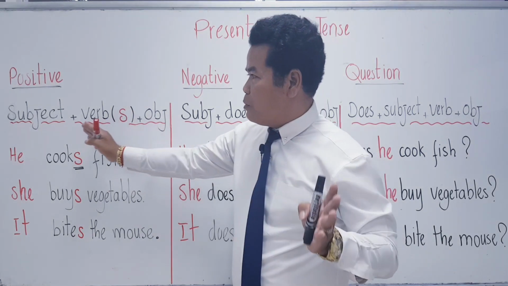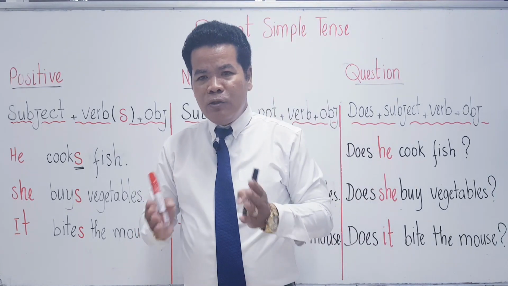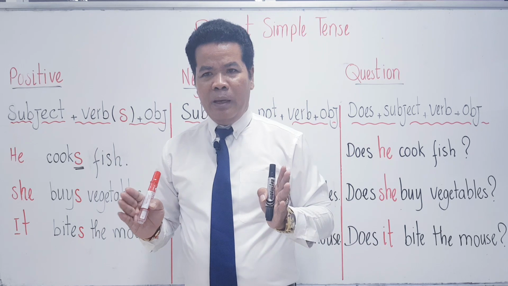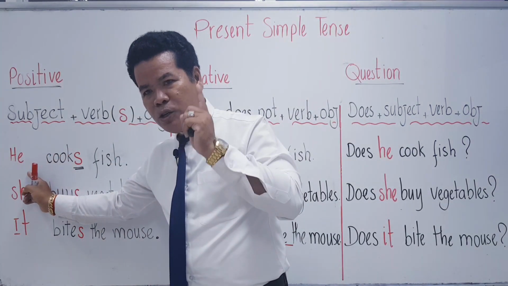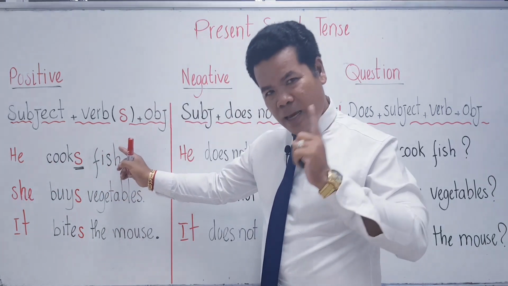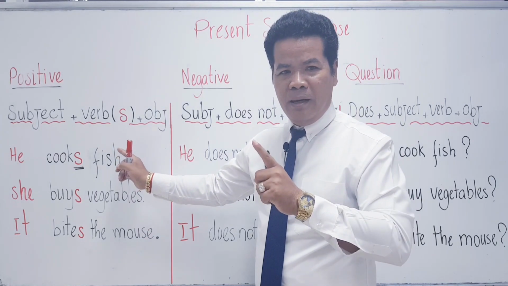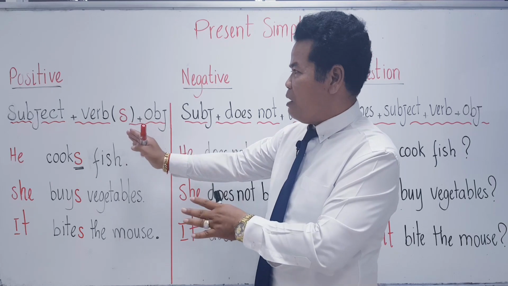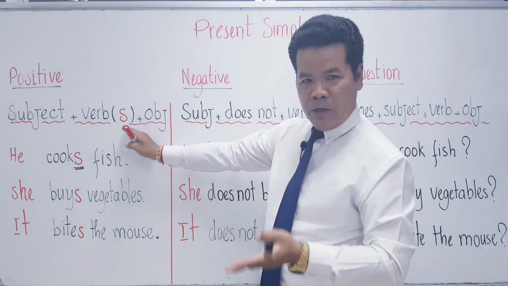When we use other subjects like I, we, you, and they, you do not think about S anymore. Inside the sentence, if you see the subject he, she, or it, you must think about the verb: is it S or no S? We have to put S. But the spelling of using S doesn't mean that we only add S to the end of the verb. We have other exceptions.